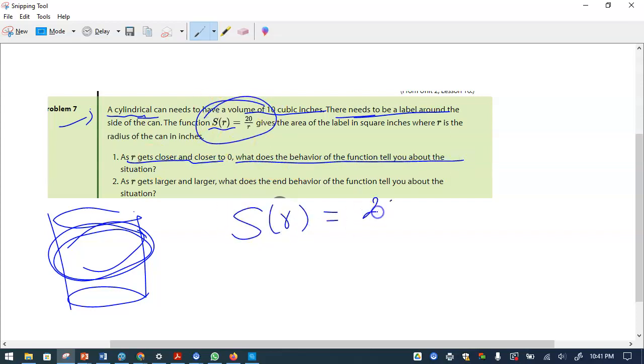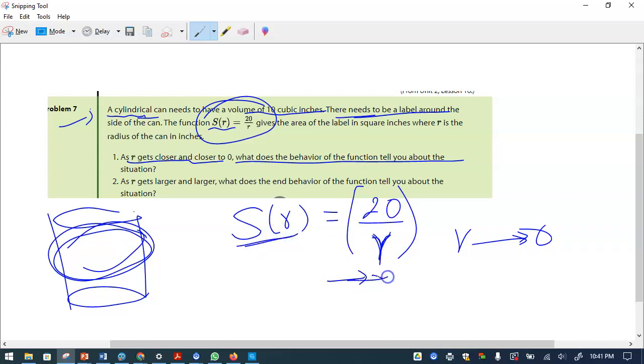Clearly, when you look at it, as the radius R of the can gets closer and closer to 0, that means it becomes very small, and this whole answer will become large. That means the area of the label gets larger and larger. That's the behavior.